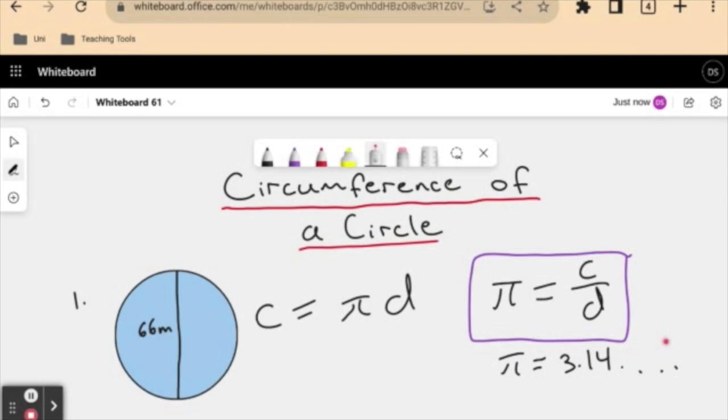But let's find this circumference here to correct to one decimal place. So if I plug this into my calculator, I'll get that my circumference is about 3.14. Well, let me actually just leave this as pi because you can use this at home with your own calculators. That'll be pi times 66 meters.